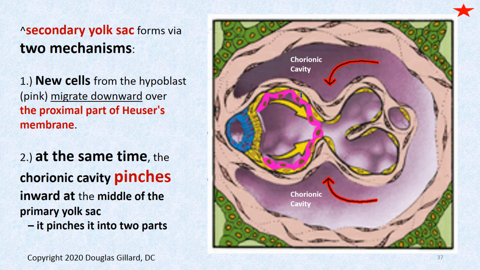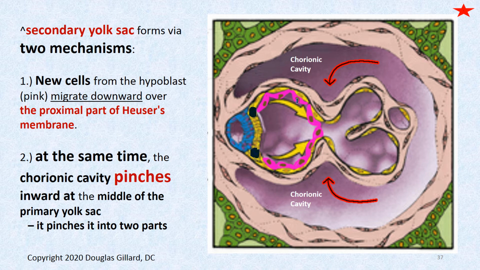And so let's just go to this picture. So again, cells right here in the hypoblast start waking up via mitosis, and they start making these pink cells. And they don't have anywhere to go, so it keeps splitting and splitting, and it pushes them down and down and down. But perfect timing, this chorionic cavity grows and it pinches off. It pinches the primary yolk sac in half.